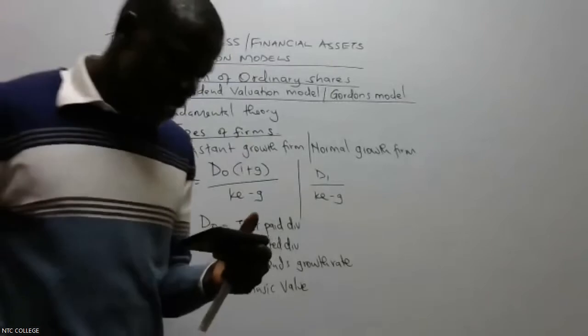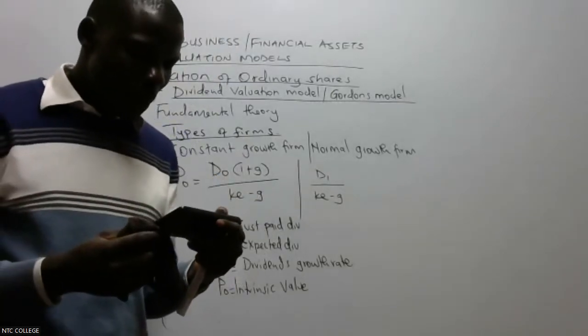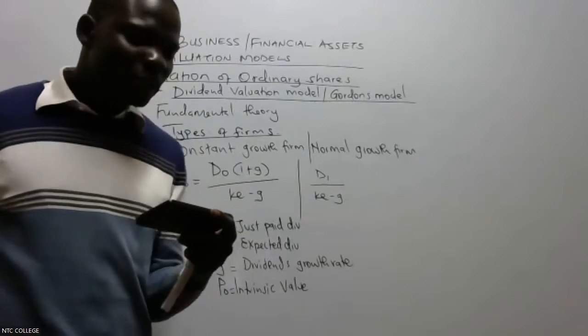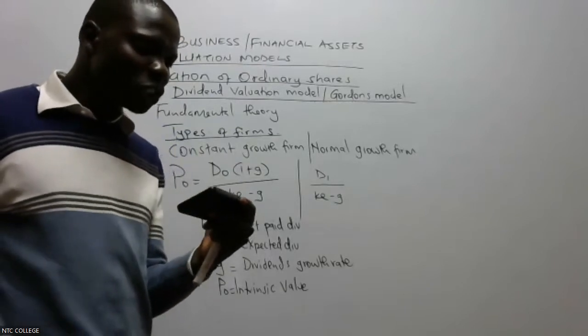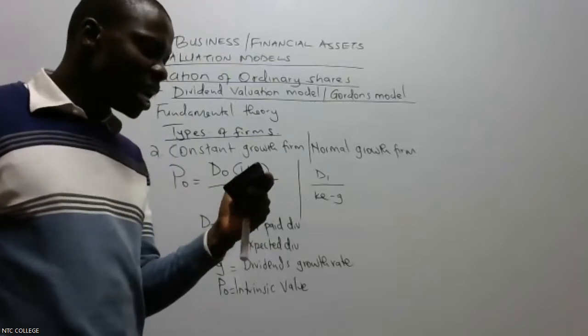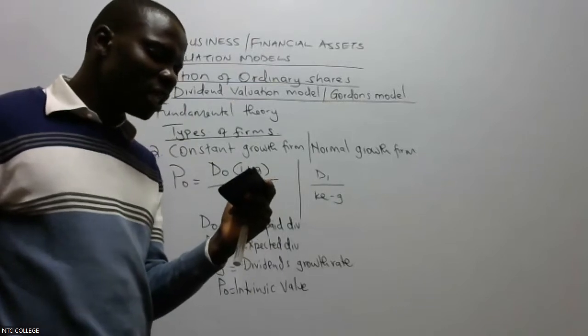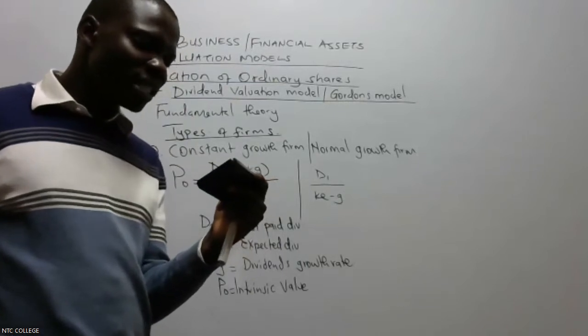It says, part 2, Hazi Limited expects to pay dividends of 5.4 shillings per share in 1 year's time.